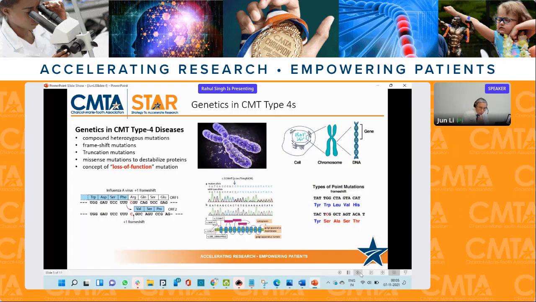So what is a frame shift mutation? Basically, this is a normal codon sequence, and suddenly, for whatever reason, an extra nucleotide is introduced or one nucleotide is missing. All the subsequent downstream codons get altered, the amino acids coded for the protein are also altered, and everything after that is translated wrong. That's called a frame shift mutation.